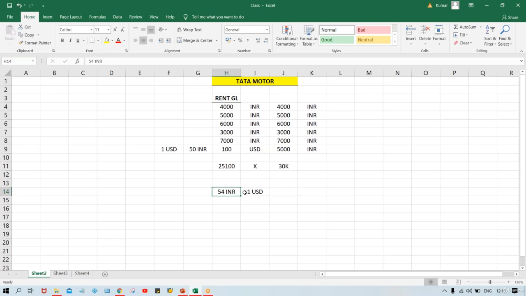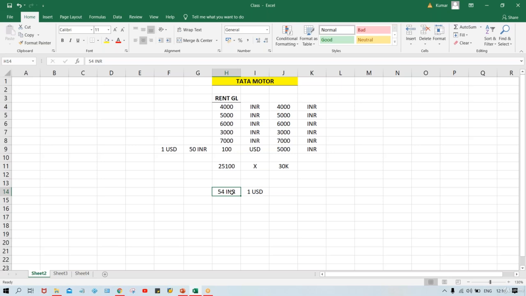If the bank is saying that you give me 54 INR and I will give you $1 US, in other words, what is happening here, guys, is that we are the buyer.